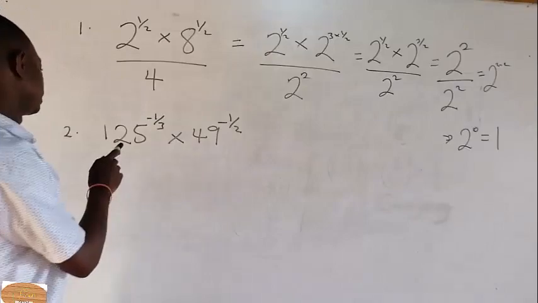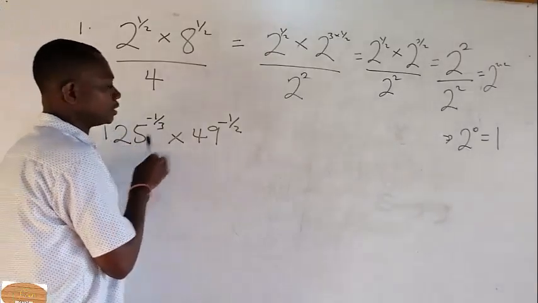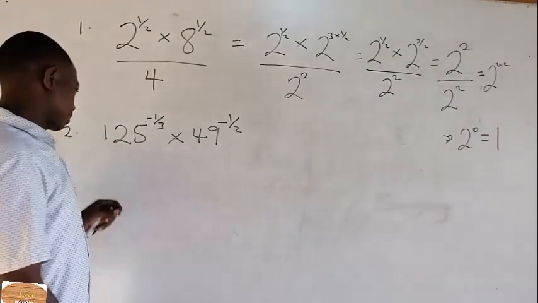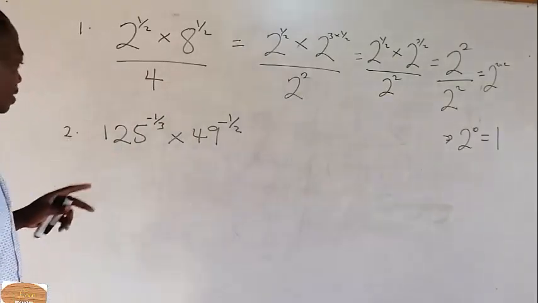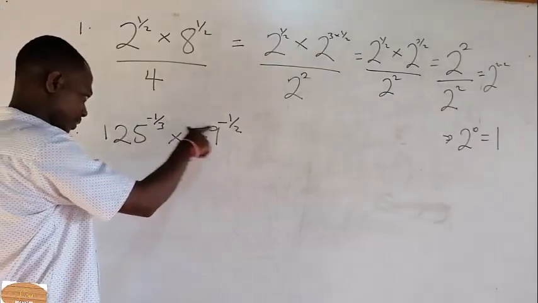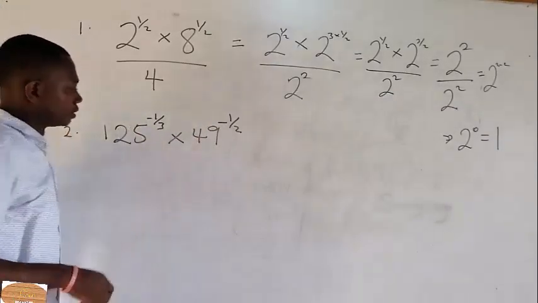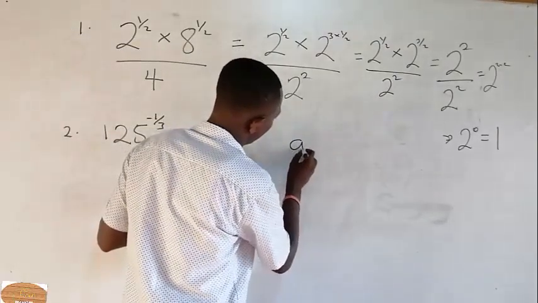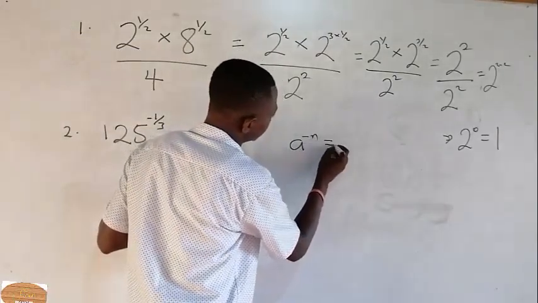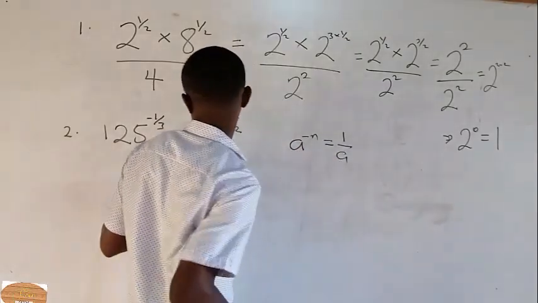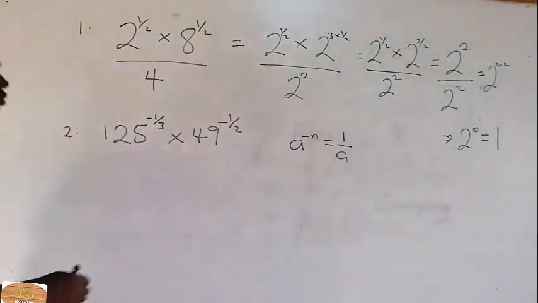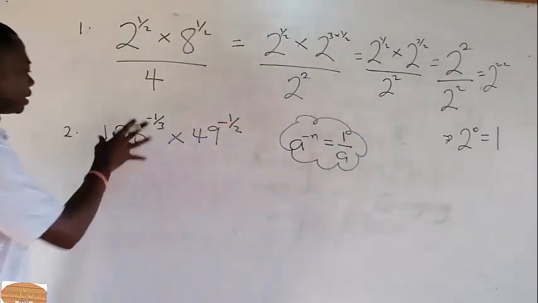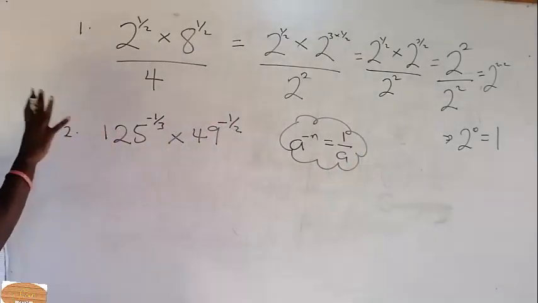Alright, let's look at the second example. We can use 2 ways to solve this. Before we move on to the methods, I have minus here, minus there, so don't forget this: a to the power minus n is the same as 1 over a to the power n. We are going to rewrite this so that we get a positive exponent.